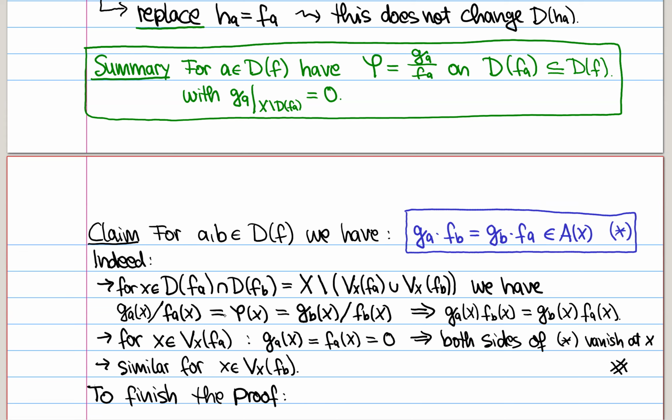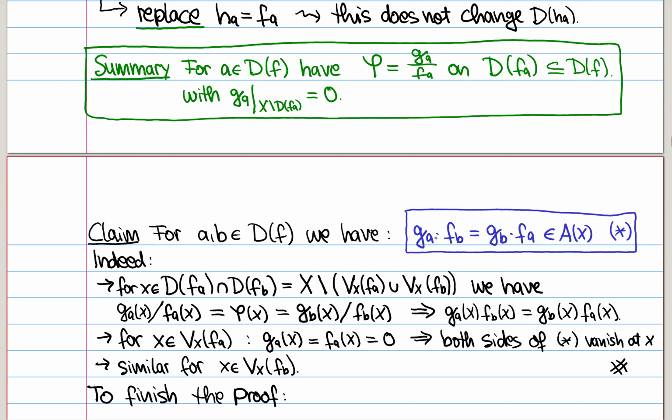And then on the other part, so if X, for example, is in V of FA, then, I mean, by definition, FA of X is 0, but also by this condition here, GA on V of FA is also 0. So this thing and this thing vanish. And then you see FA is on the right-hand side of the equality, this vanishes.